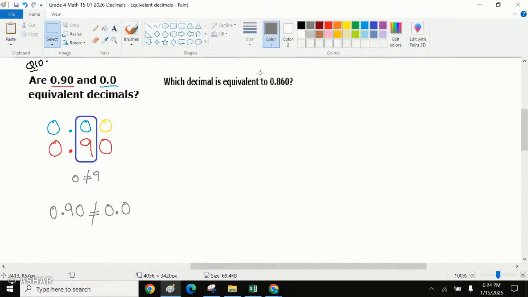And I told you, every student can have a different answer to it. So if this is question number 11, can you give me an equivalent decimal? If this was 0.860, this was the given question.